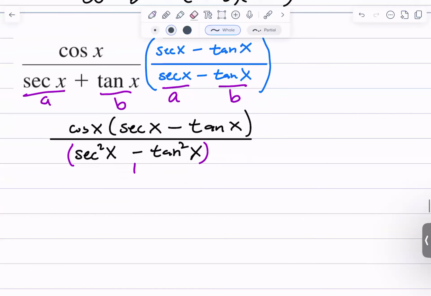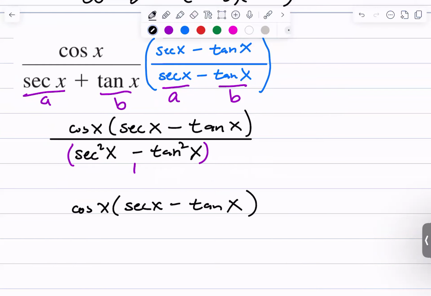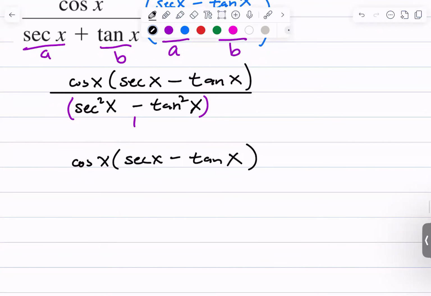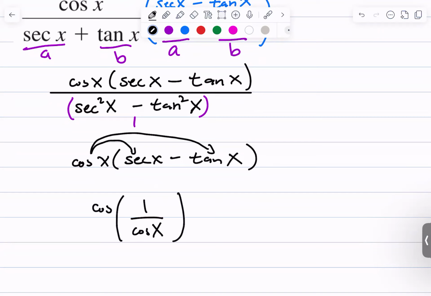Okay, so I'm just left with cosine x times secant x minus tangent x, right? Distributing the cosine out, I have cosine, and I'm simultaneously going to make everything in terms of sine and cosine.